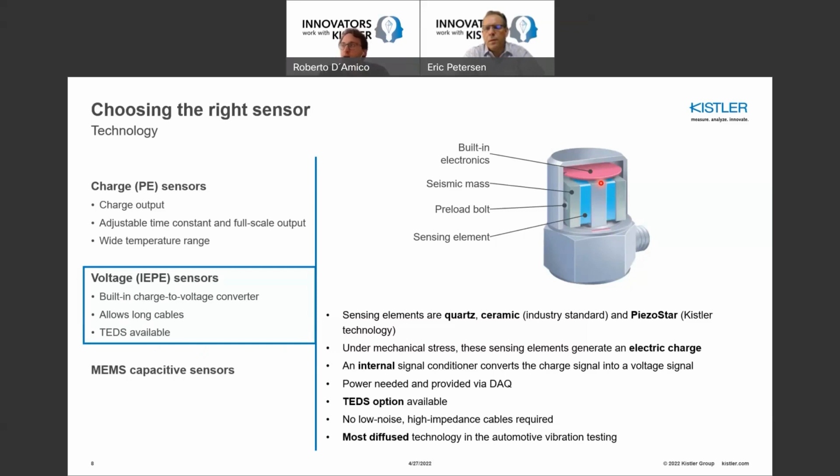Otherwise, without TEDs, you would have to do this manually one by one. So it's a strong boost in terms of efficiency having the TEDs. I would say that the IEPE sensors with integrated electronics are by far the most used accelerometer type in the automotive industry.